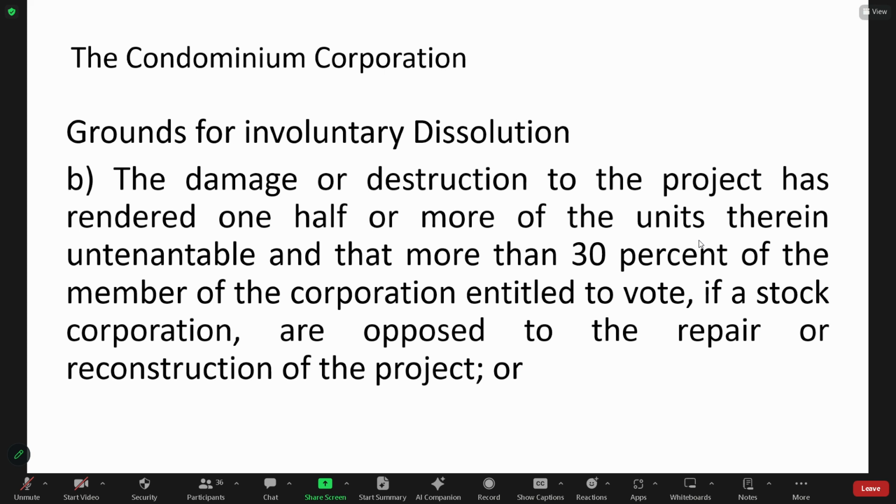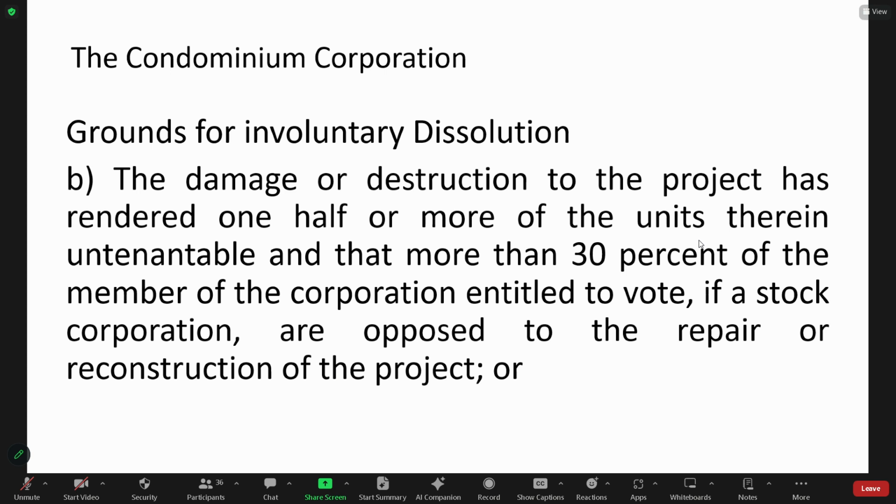Okay. So, dalawang conditions dito. Number 1, half or more. So, in short, 51% of the units hindi na matirahan. Untenantable. Diba? Inhabitable. Tapos, 31% ng pwedeng bumoto ayaw nang ipaayos. So, two variables. 51% hindi matirahan, 31% nag-vote na wag nang ipaayos.